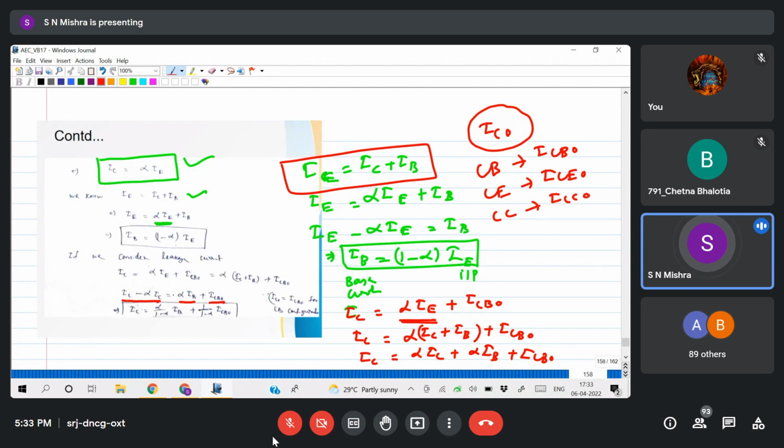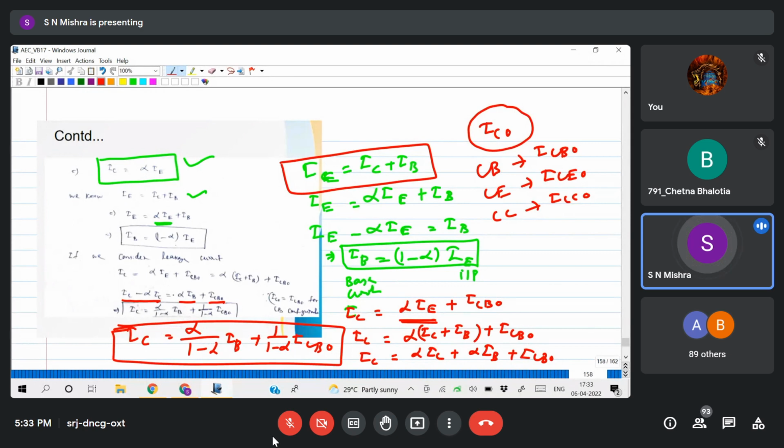Then take (1 minus alpha) common and divide on the right-hand side. What will we get? IC equals alpha by (1 minus alpha) times IB plus 1 by (1 minus alpha) times ICBO.